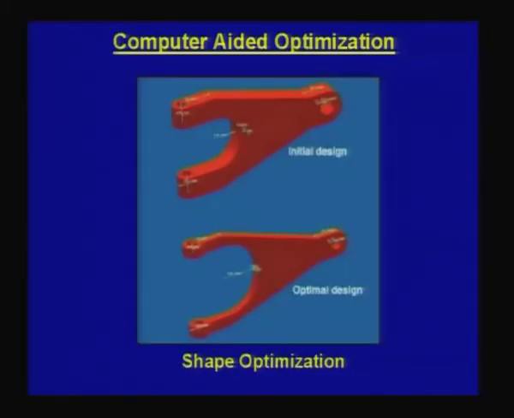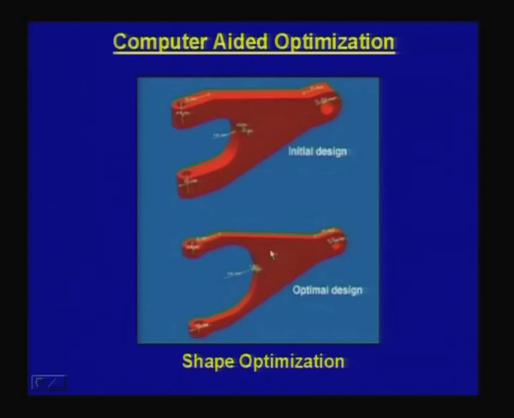Here is an example where two designs are depicted. One is an initial design. As a part of the design process, the designer has arrived at a feasible design, but this may not be optimum. What is shown here is an optimal design for the same component.